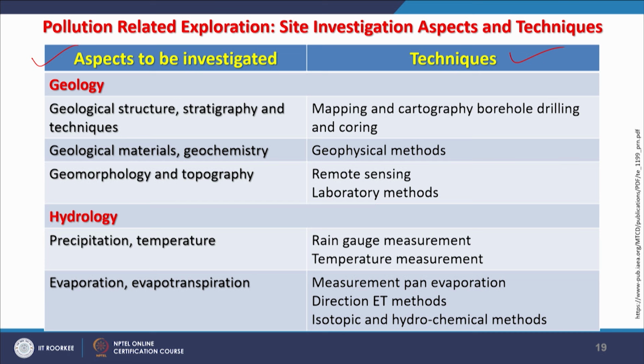So, for geological information, which we have been extensively discussing under hydrogeological exploration, but very briefly here, the aspects to be investigated in case of a site for such waste are geological structure, stratigraphy and other things. Of course, you require mapping, understanding subsurface geology and borehole drilling, if that information is not available.